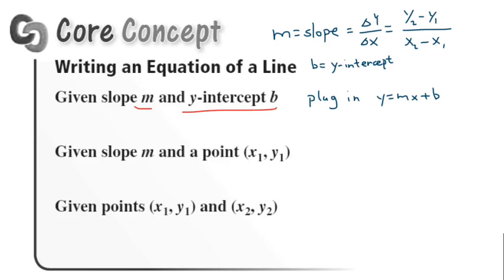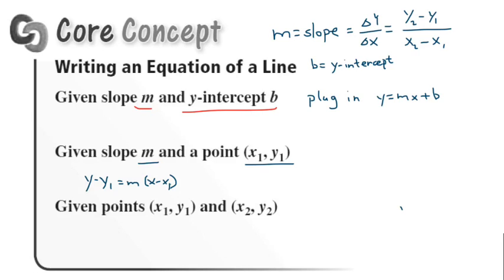If they give you a slope and a point, they basically say to use point-slope form, which is not bad. If you remember, point-slope form is y minus y1 equals m times x minus x1. We're not going to use that.